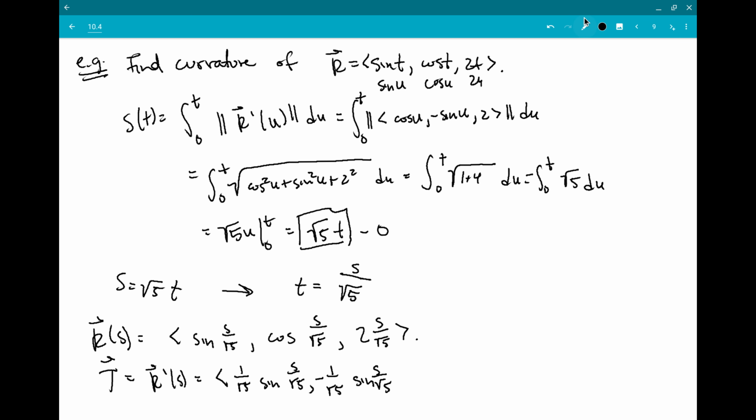Sorry, in the first one I forgot to change over to cosine. I hope when you see me make these silly mistakes and then catch myself, you think, it's not so bad when I make those mistakes on my web work. Derivative of 2s over root 5 is just 2 over root 5. And that's our T vector, the derivative of r with respect to s.